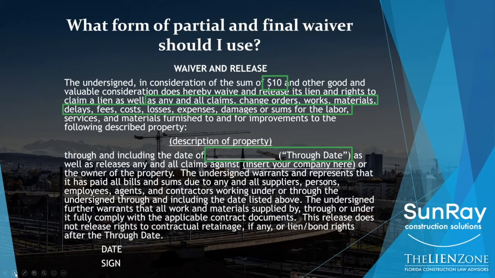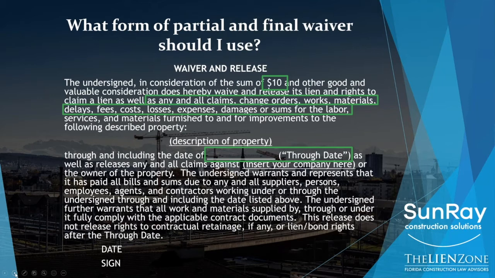So this is a type of release that's pretty standard on larger contracts with more sophisticated general contractors, so that they know that every time you sign a release, they are wiping out all claims from the through date back of any kind, delays, change orders, claims, and they're getting you to make some affirmative representation that you've paid all your bills and you've done all your work correctly.